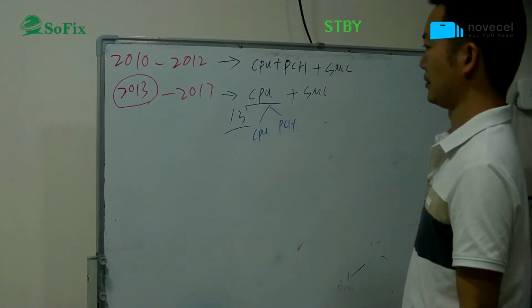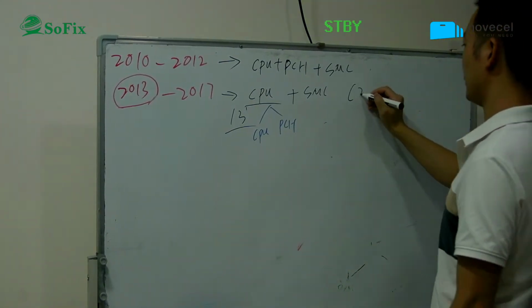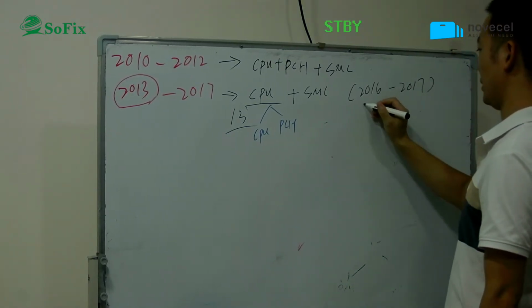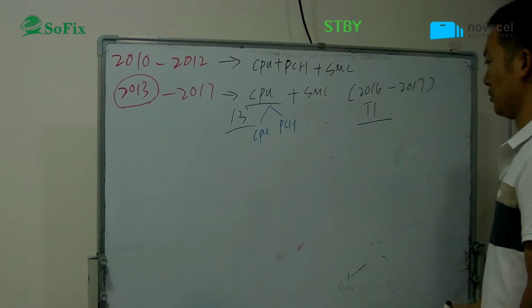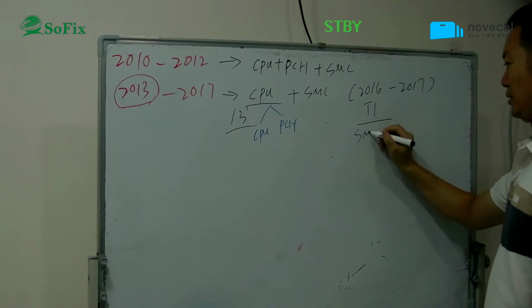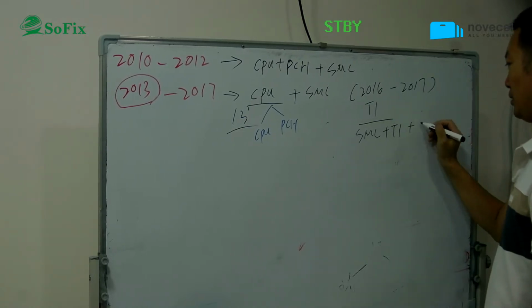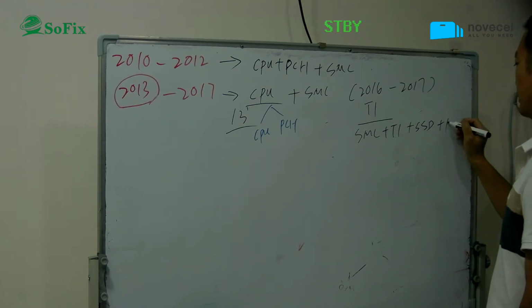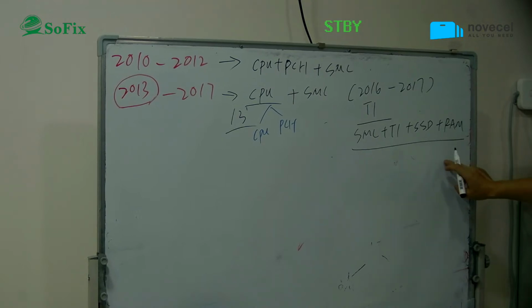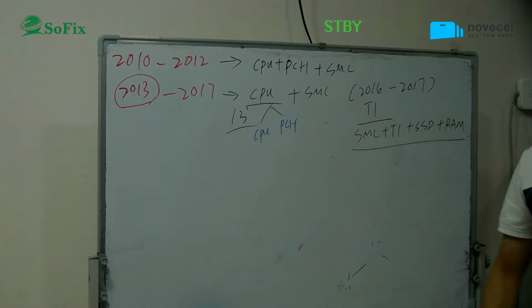And 2016 to 2017 is the T1 model. The motherboard has the SMC and T1 chip, and the SSD and RAM are soldered in the motherboard. Before that, in 2013 to 2015, the RAM, memory, and SSD you could replace or remove.